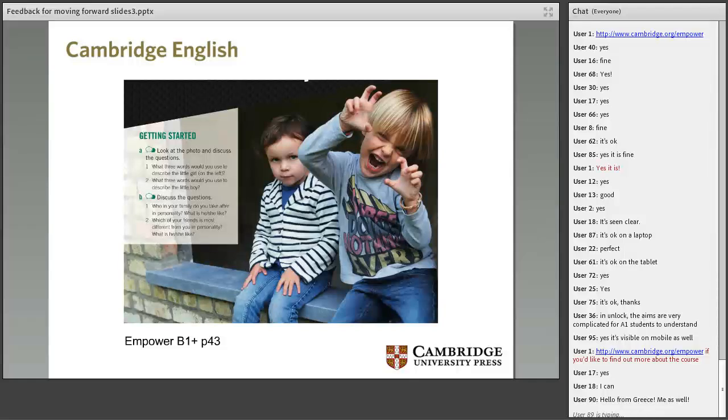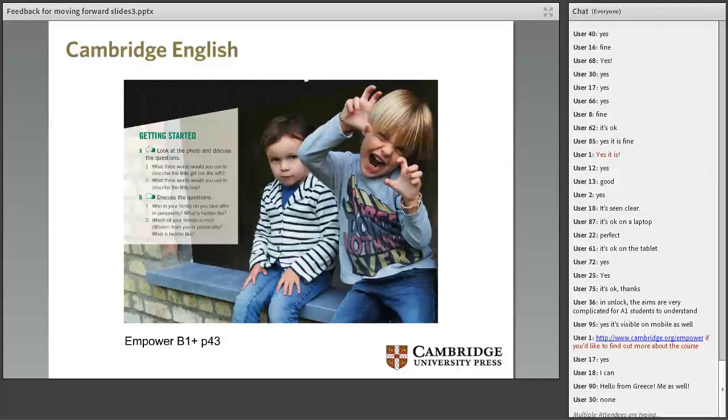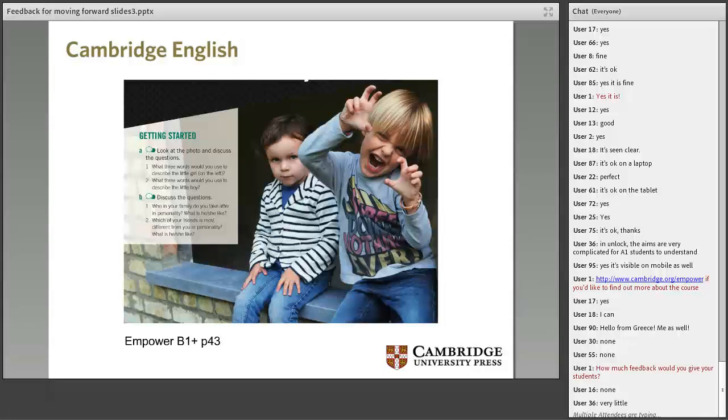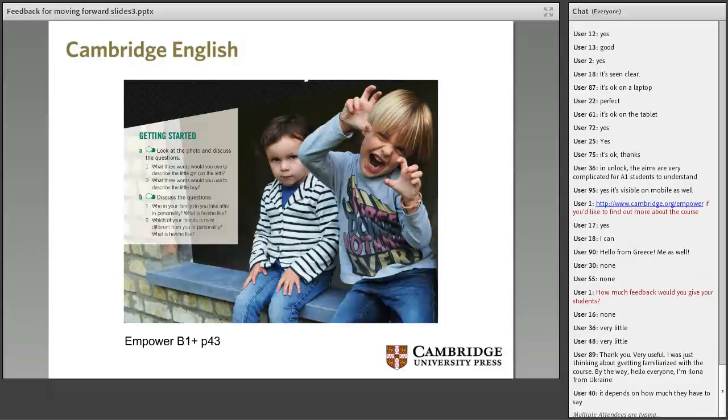Okay, so a question for you. How much feedback would you give your students while they were doing that speaking at the beginning of the unit? Just type your answers in the box.